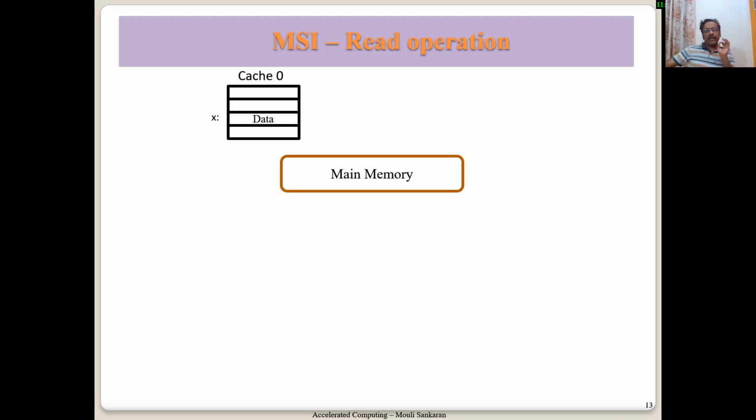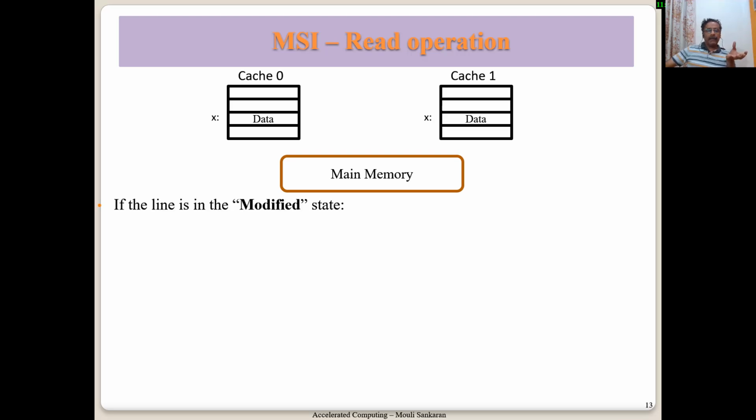Now let us understand a read operation coming from the CPU on a block, and that block can be in any state. Imagine I have a line within the cache, and I am doing a read operation on a block which is in the modified state.